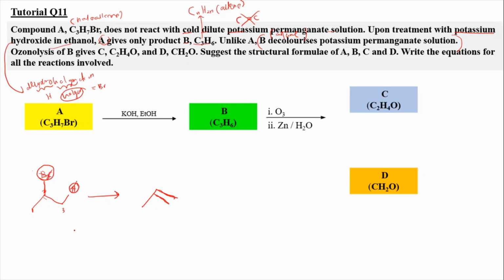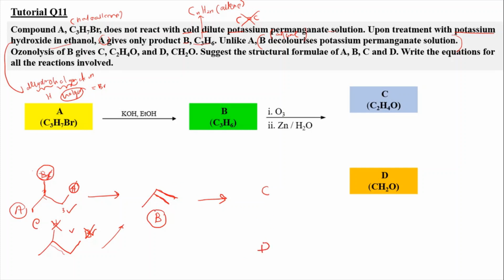At the same time, if you want to put your Br on this side, you will still get the same product, because when Br is removed and hydrogen is removed, the carbon-carbon double bond is produced as well, and this gives the same product. So this is going to be your structure B, and this is my structure A. Either one of those, so both are still correct. Now, when B undergoes ozonolysis, it will produce C and D.